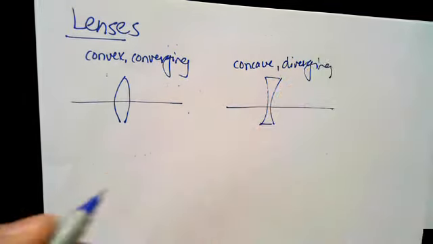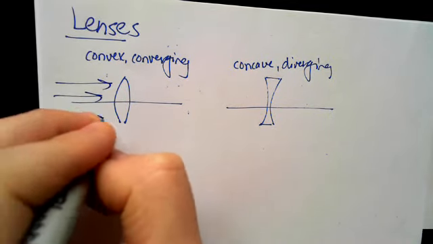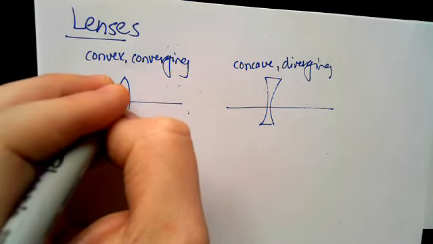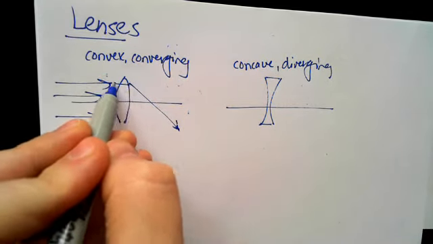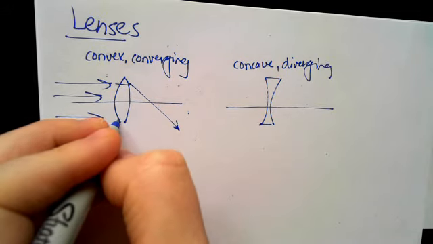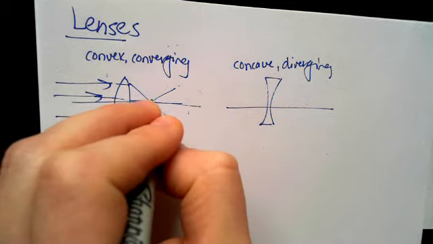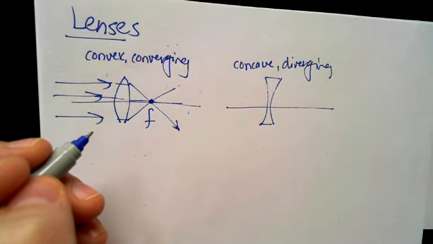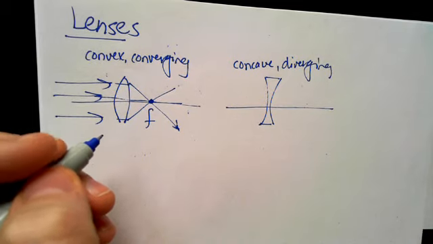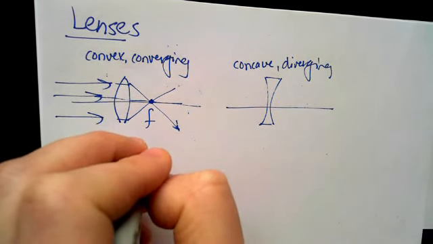Okay. And these are called converging because as light enters, let's say from the left side, that light is going to get refracted such that these light rays traveling down get bent up, and this one just passes through. That's going to converge onto a single focal point on the right side of the lens, and that focal point will always have a positive value.